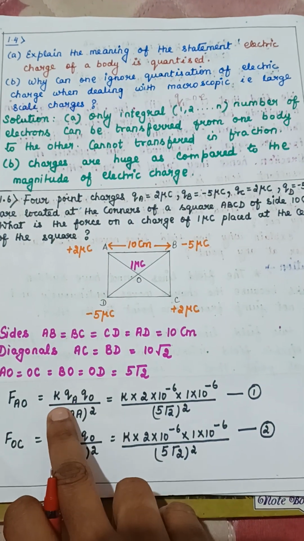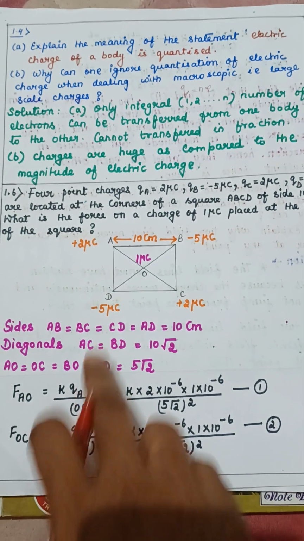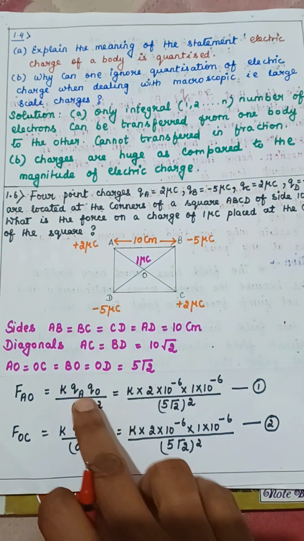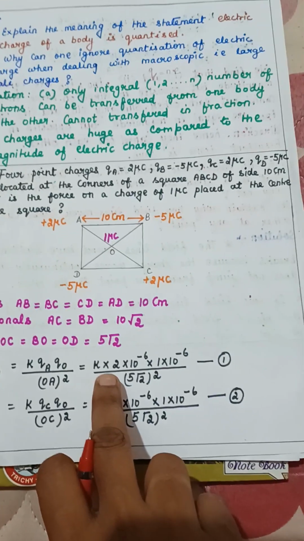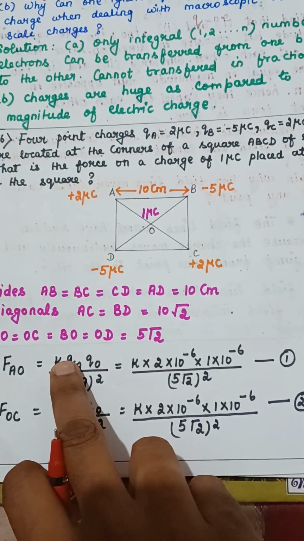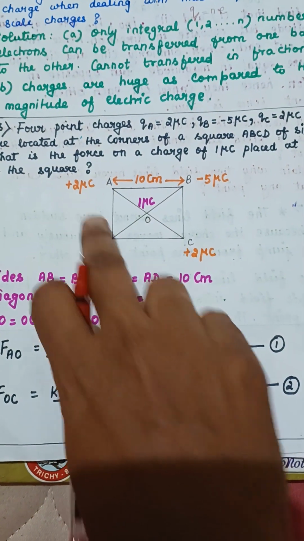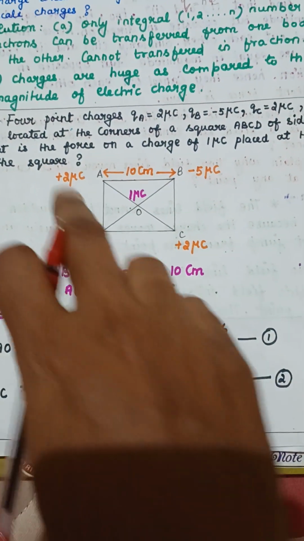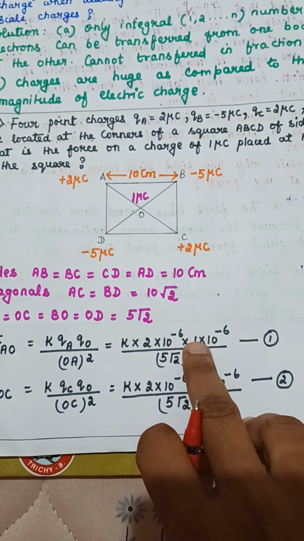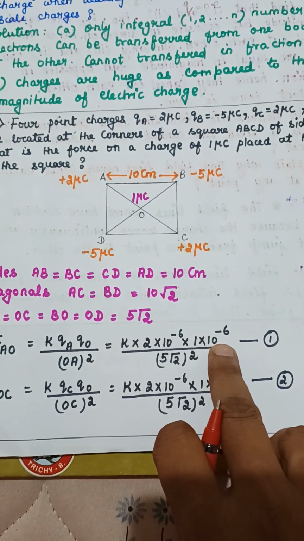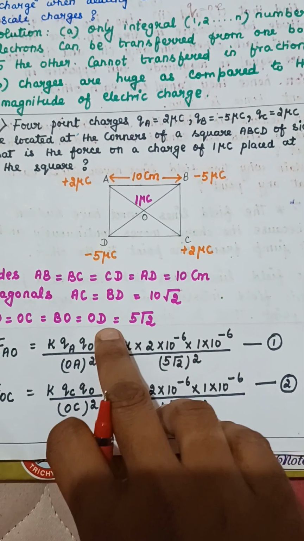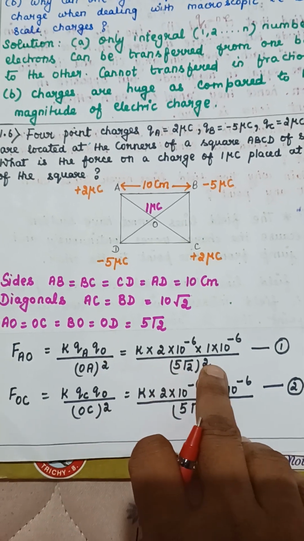So that is K QA QO divided by the distance of separation OA whole square. So that is equal to K into QA, which is already given, plus 2 μC. So 2 into 10 to the power minus 6 into QO, which is 1 into 10 to the power minus 6, divided by OA, which is 5 root 2, whole square.